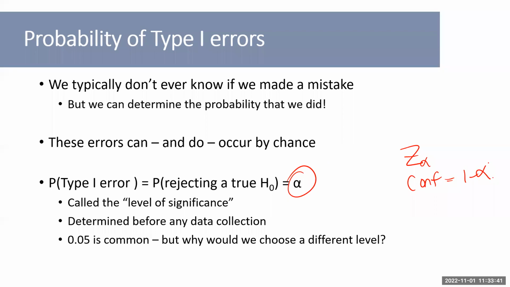We determine alpha. We set alpha. It's most commonly 0.05. Now 0.05 comes back to that whole idea of unusual. We would say, hey, there's less than a 5% chance of observing this, so it would be unusual for this to be true, so we're going to throw it out.